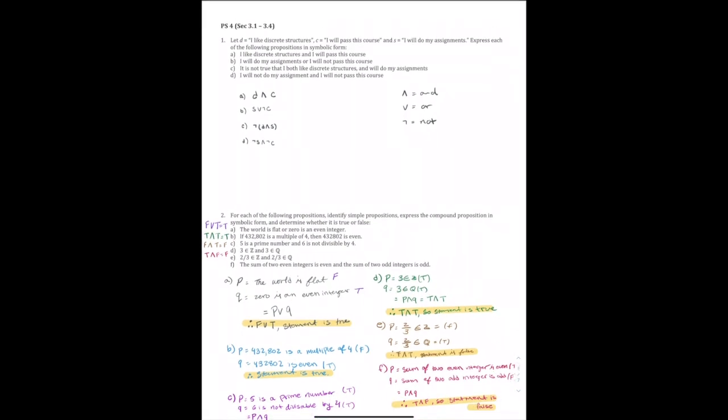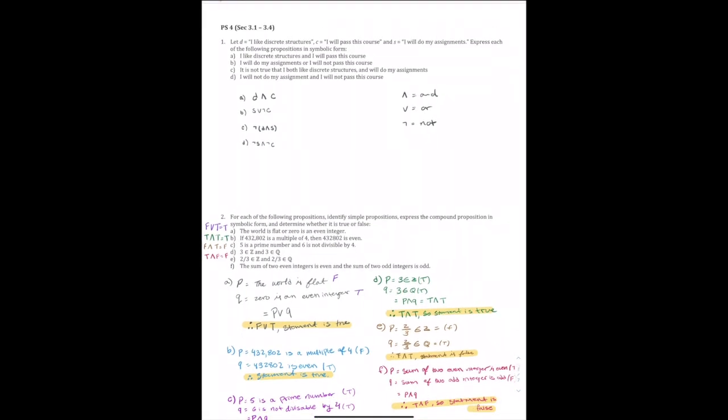All right, so let's get into an example. This is a question from problem set number 4. It says: let D equal I like discrete structures, C equal I will pass this course, and S equal I will do my assignments. For each statement, we have to write it in propositional symbolic form. For A, it says, I like discrete math and I will pass this class.